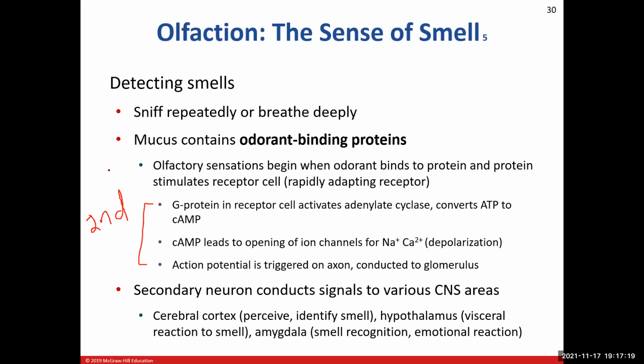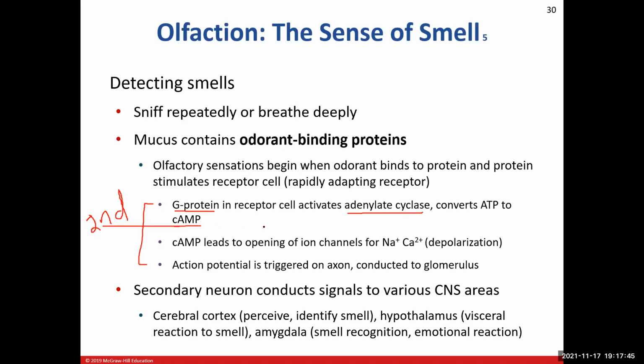So what happens is, you have these receptors, and you have this protein attached onto the receptor on the inside of the cell called the G protein. Once we activate that receptor, that G protein is going to activate this enzyme called adenylate cyclase. That's going to convert ATP into what's called cyclic AMP.